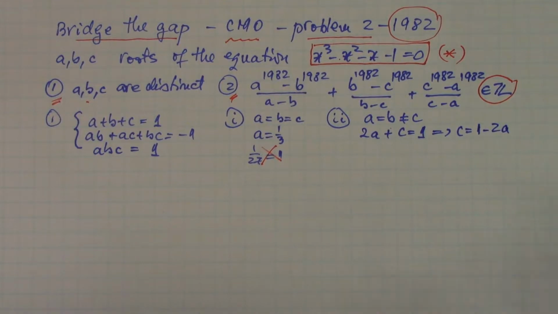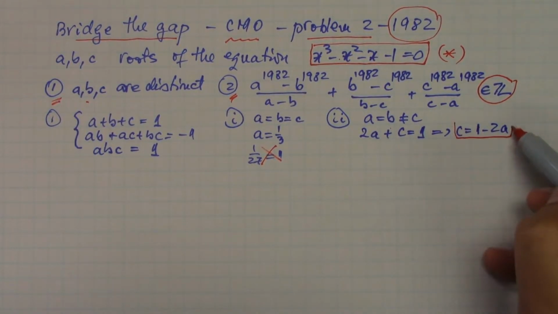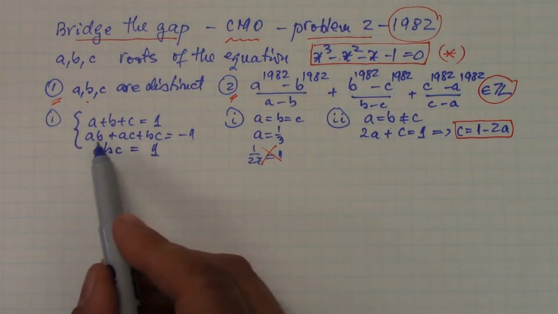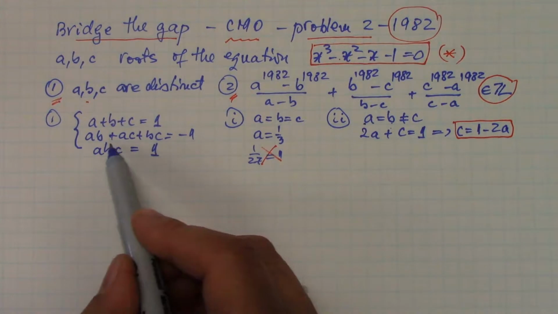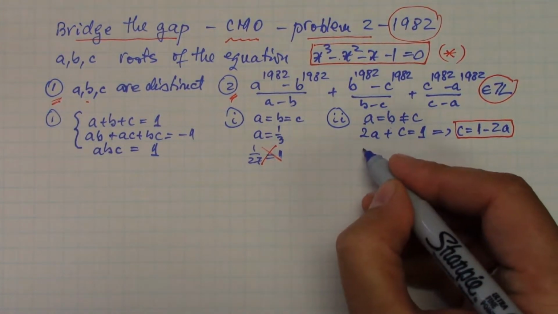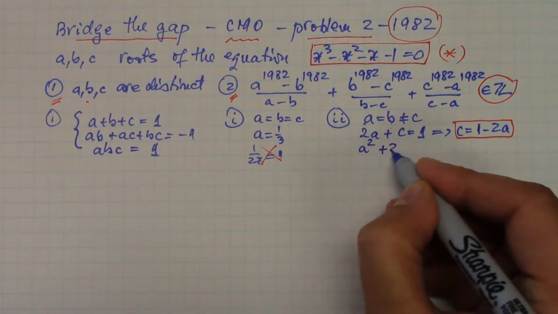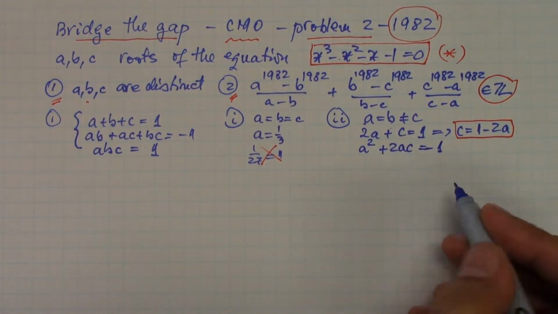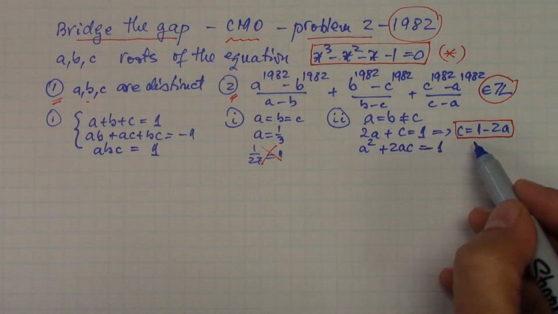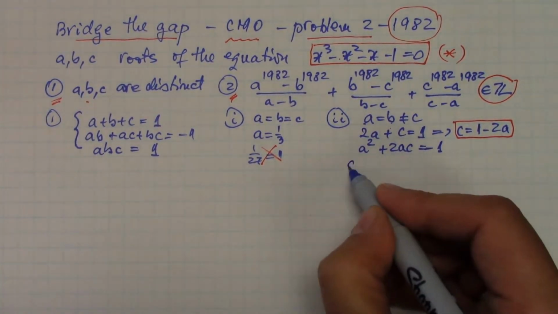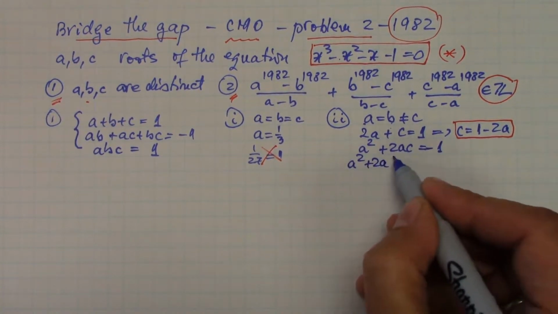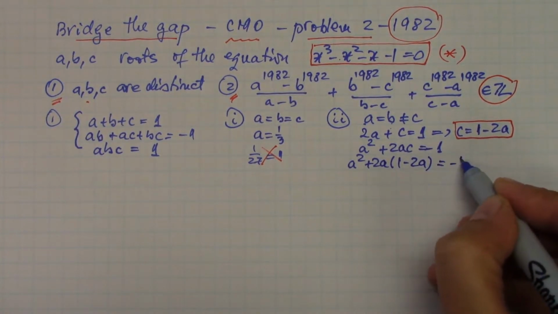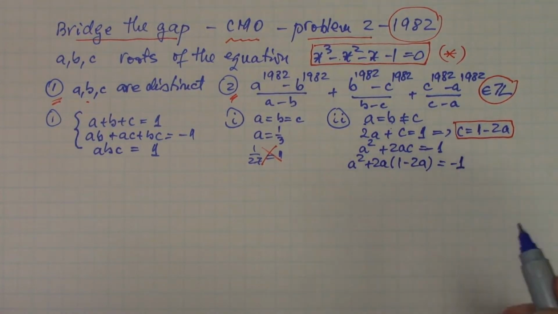This is a nice relationship, probably useful for us. Now what do we get if we replace b by a in the second relationship? We get a squared plus 2ac is equal to minus 1. That implies, based on the first relationship, that a squared plus 2a times 1 minus 2a is equal to minus 1.